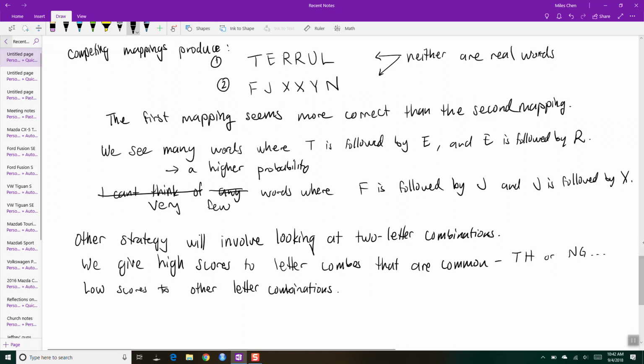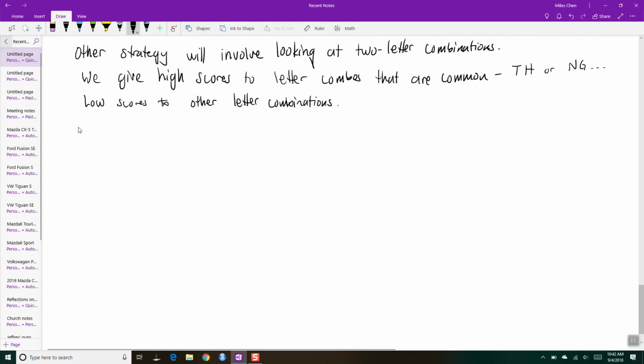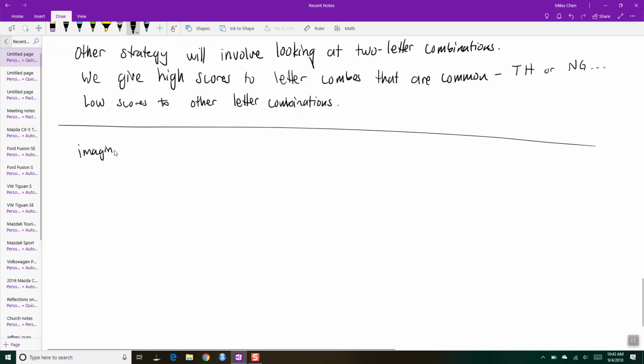Okay, so you have to imagine some abstract probability space.